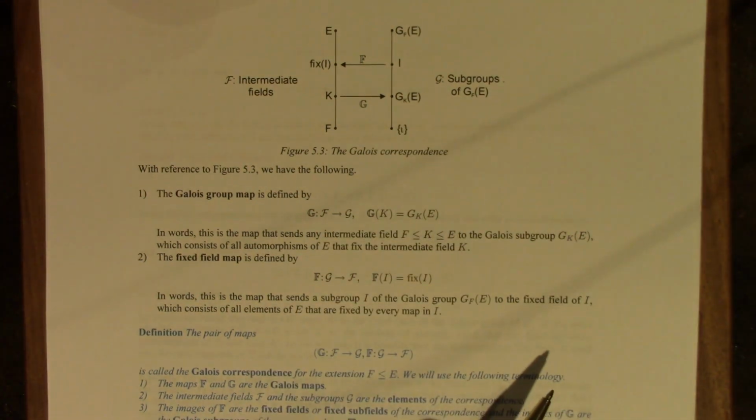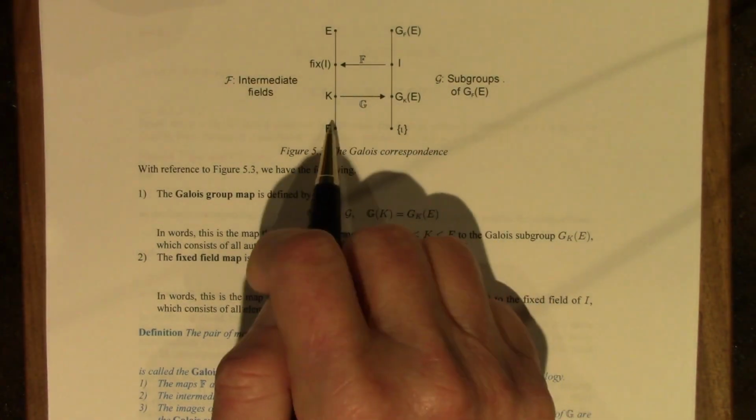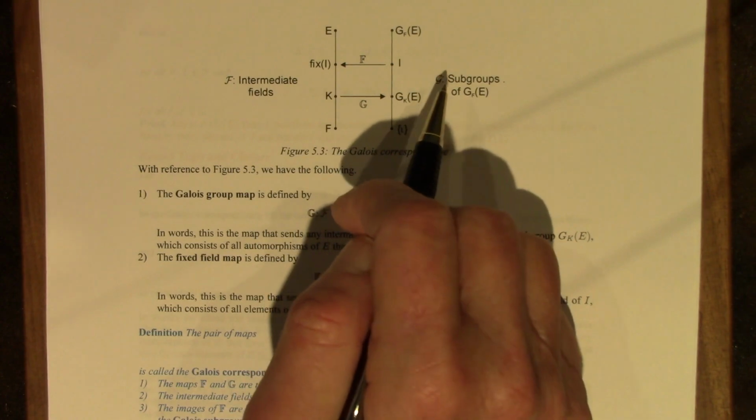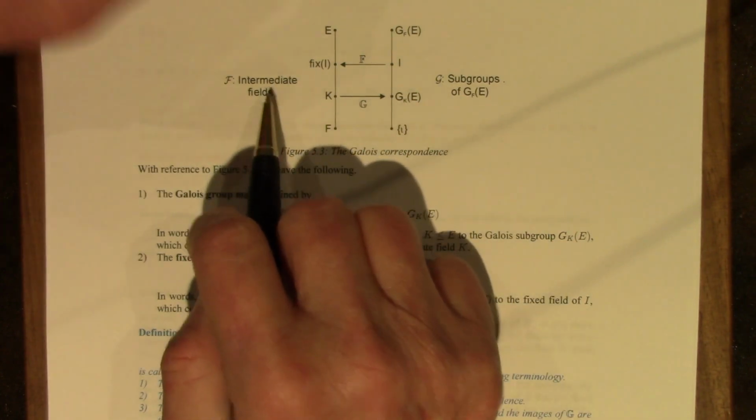Now, the Galois correspondence consists of two maps, one going from the fields to the groups, from script F to script G, and one going in the other direction.